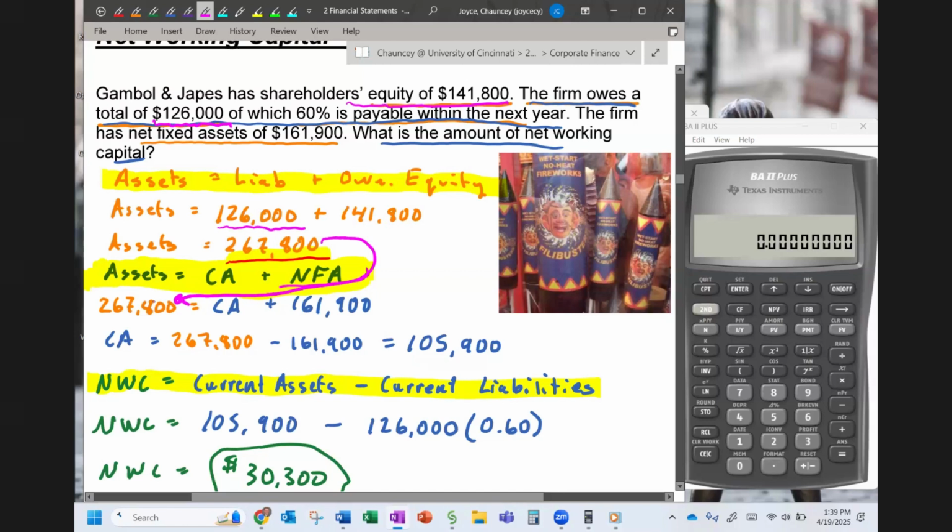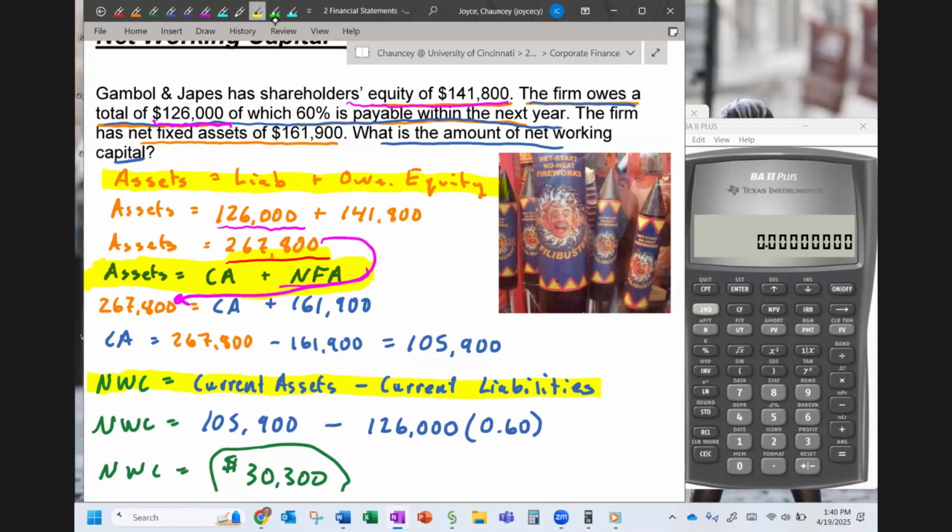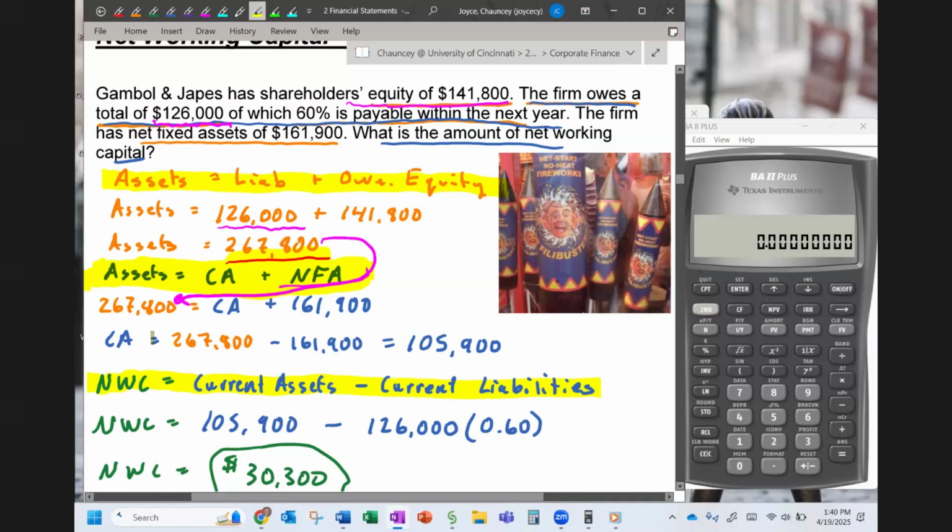That means your current assets are going to equal the 267,800 less your net fixed assets of 161,900. So your current assets are going to be 105,900.